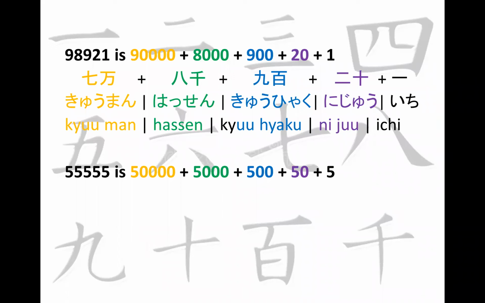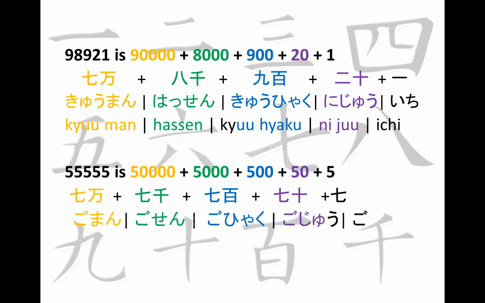All right. Here is the answer. In Kanji, in Hiragana, and in Romaji. So we have goman, gosen, gohyaku, goju, go. Again, goman for the 50,000, gosen for the 5,000, gohyaku for the 500, goju for the 50, and go for 5.